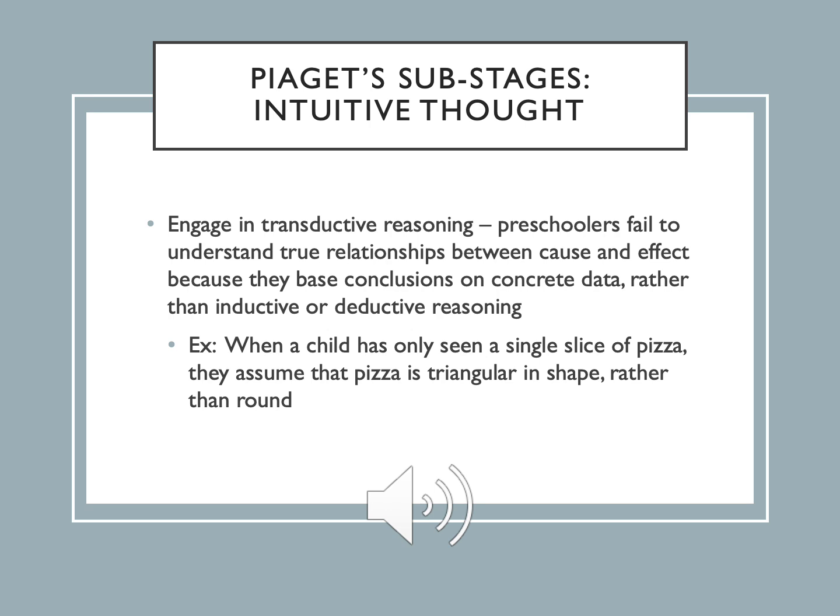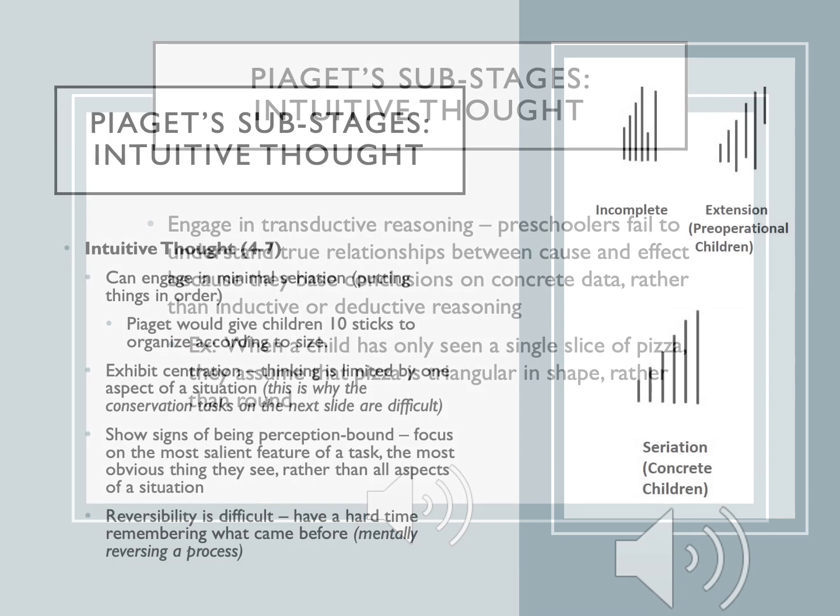We can see that this connects directly to children's schemas and their development of the world. They do not have a full understanding of how information is categorized because they're basing their understanding of the world on one singular event, one singular observation, and drawing their conclusions based on that.